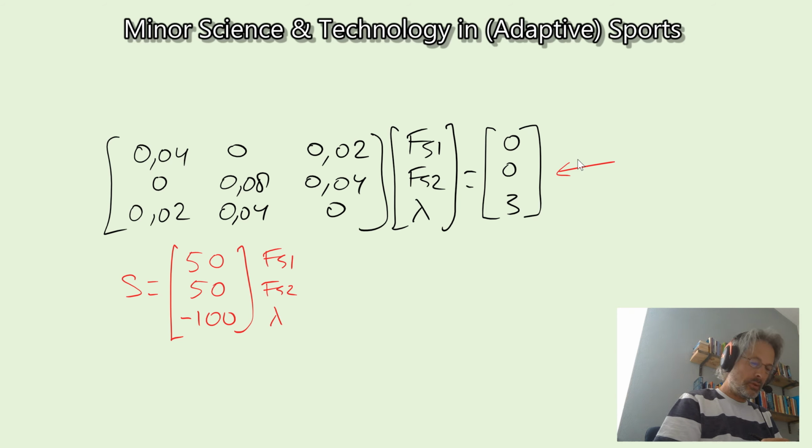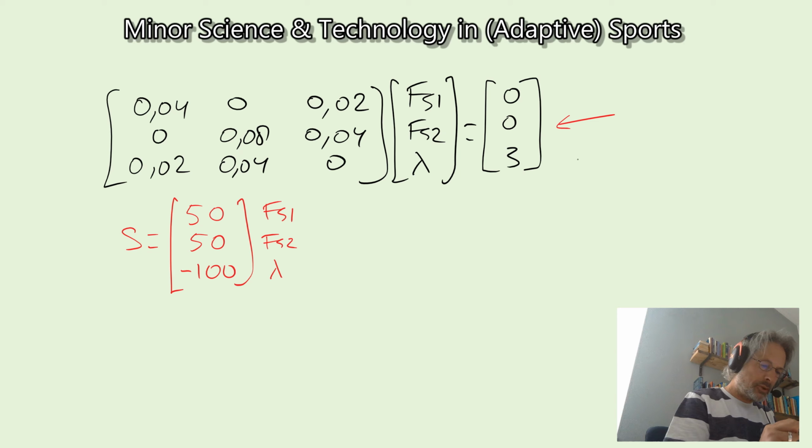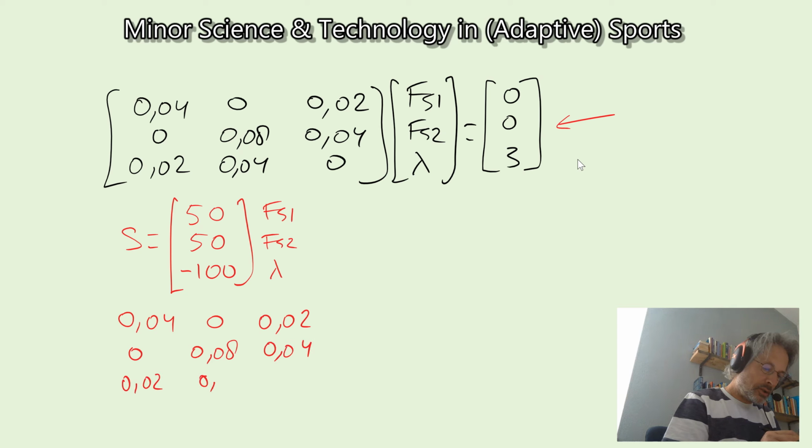So what I want to do is now check whether this is a good solution, and you can do that by substituting it. So we have 0.04, 0, 0.02, 0, 0.08, 0.04, 0.02, 0.04, 0. So that's our A matrix. Multiply that by the supposed solution.